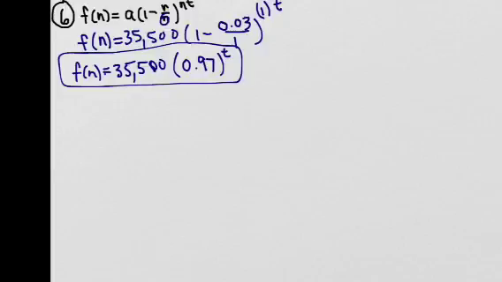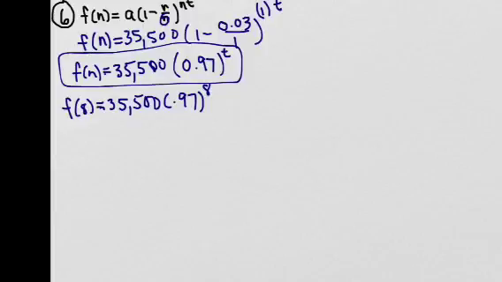Now for the second part, it says the count was taken in 2010. If this continues, what would the population be in the year 2018? So that would be 8 years later, and they want you to round it to the nearest 100. So 8 years later would be set up like this, 35,500 times 0.97 to the 8th.